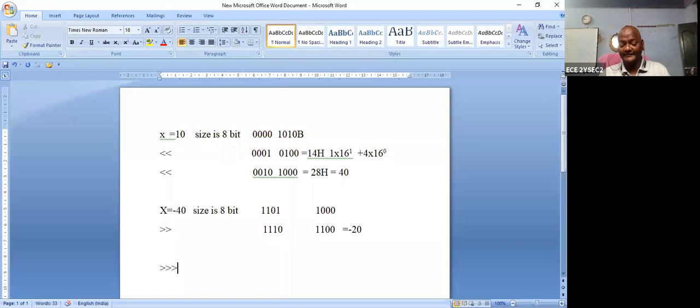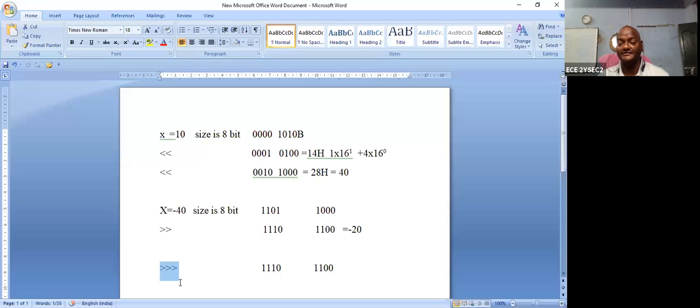I want to say one more thing: the unsigned right shift. Suppose the present value is 1, 1, 1, 0 and 1, 1, 0, 0. If I apply this right shift operator, what is the answer? I can show this value. Is this signed or unsigned? Please give your answer.